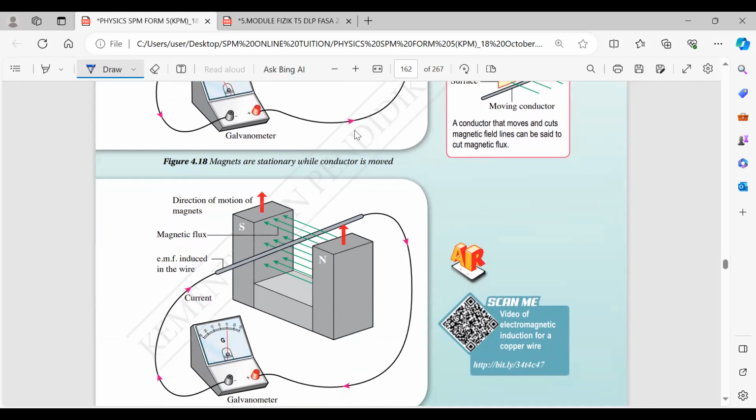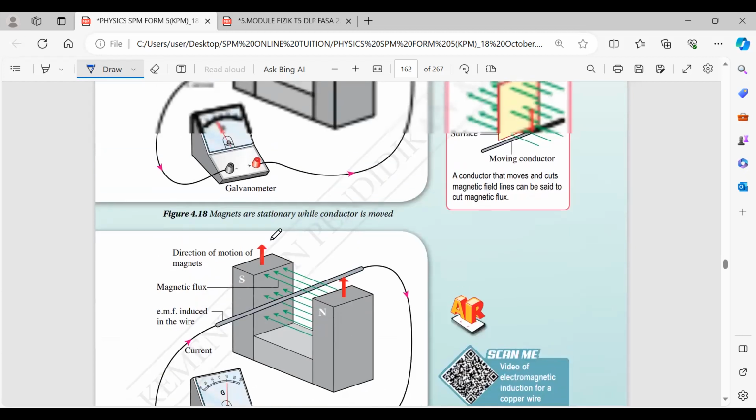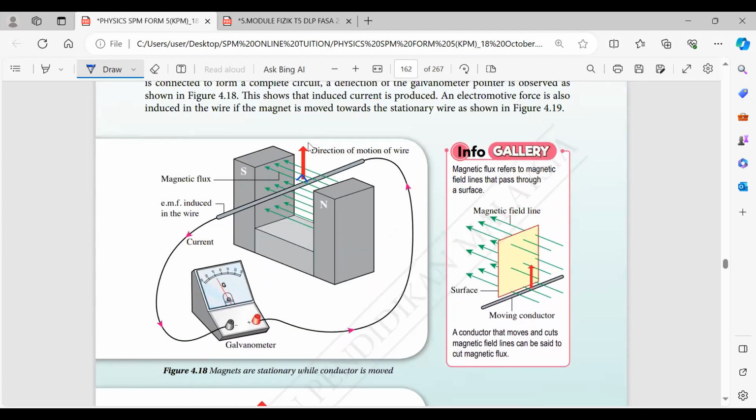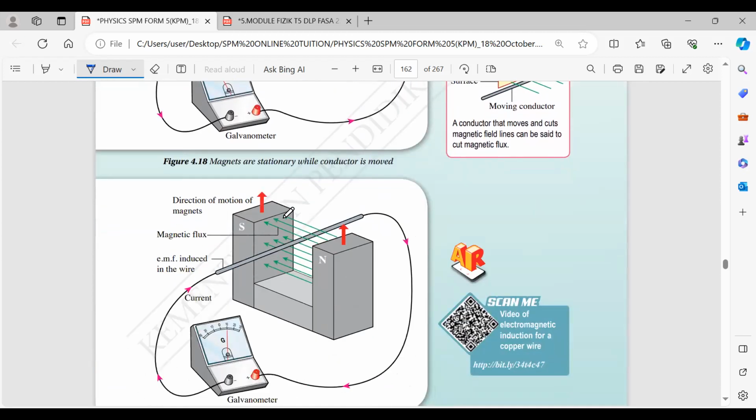This is the direction of the motion of the wire, and you want to find the direction of motion of the magnet. In the top one, the magnet is stationary while the conductor is moved.